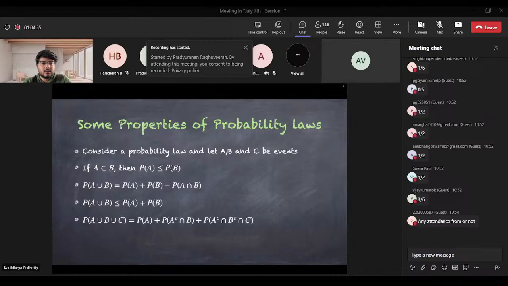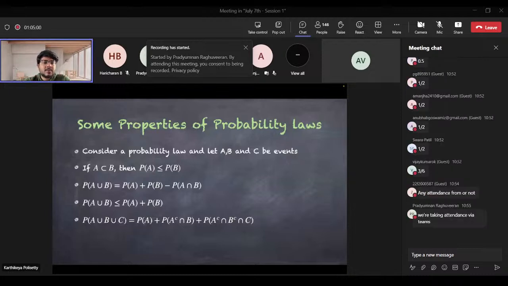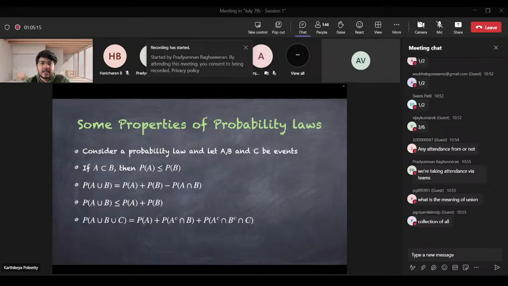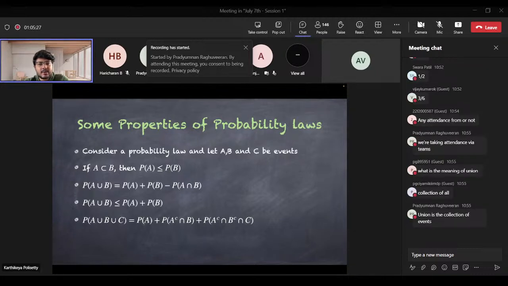No, right? We are missing out some terms which are not in A but are present in B or C. So we are taking A complement intersection B, which are not in A but are present in B. And then are we including the entire thing? No. There might be some things which are not in A and B but present in C. So P of A complement intersection B complement intersection C gives those possibilities.